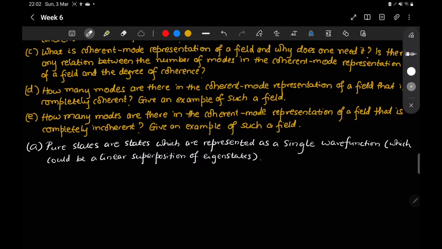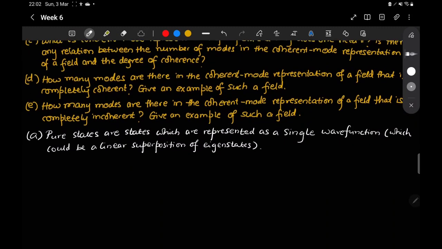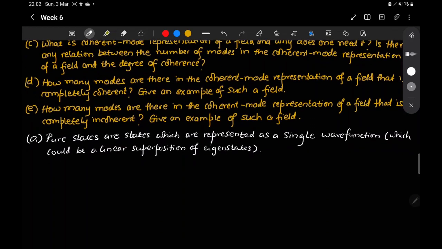So pure states are states which are represented by a single wave function or which could be a linear superposition of eigenstates.